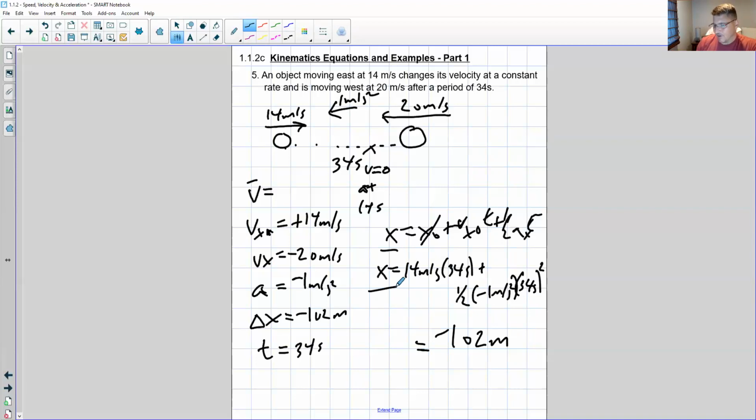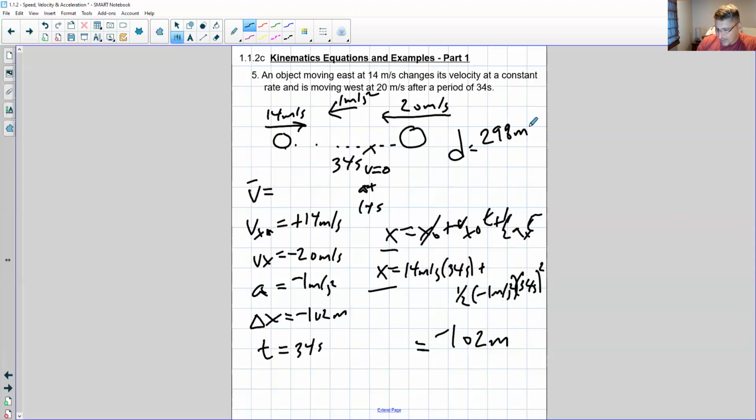So very important, right? If you wanted to know the total distance, you would have to have done this as 2 separate calculations. And note that the distance is 298 meters. Right? It is not 102 meters, right? The distance of travel is not 102 meters. It will be a little bit more obvious to us when we do this with the graphs, right?